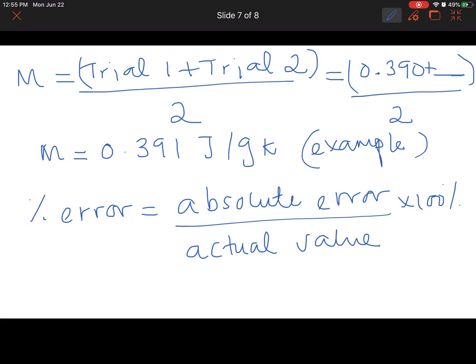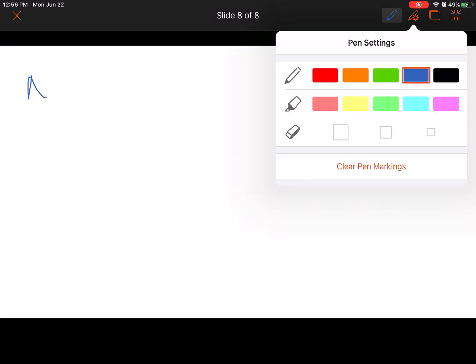This equation is given to you in your experiment 1 handout in case you have forgotten. And how do you find the absolute error? I'm going to write it down here. Percent error is absolute error over actual value.